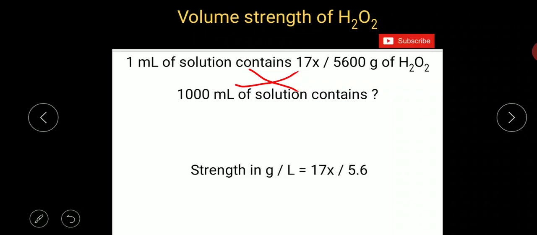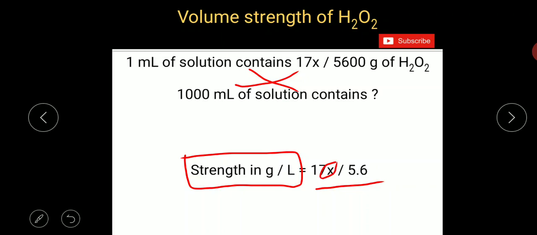Mass of hydrogen peroxide present in 1000 ml of solution is 17x by 5.6, and we can call it strength because strength of a solution is generally expressed in gram per liter. So strength of hydrogen peroxide is equal to 17x by 5.6, where x is volume strength.